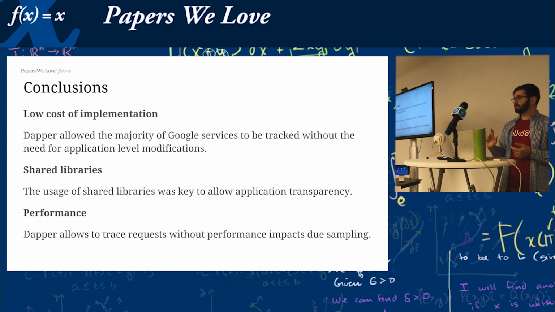The shared libs were very important, and they could easily implement Dapper in every application. And they talk about that in the paper: showing that the performance overhead was low was important to convince the teams to adopt Dapper. Those are the 3 main points I take from this paper. And yeah, that's it about the paper.